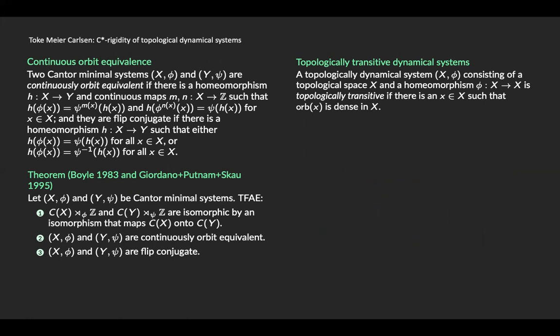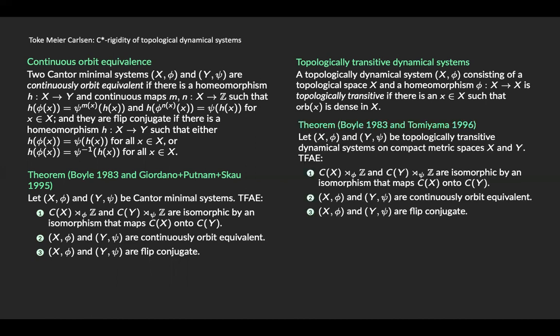In a Cantor minimal system, every orbit is dense, so a Cantor minimal system is an example of a topologically transitive system. And the result of Mike Boyle that Giordano, Putnam, and Skau used actually holds for topologically free dynamical systems on compact metric spaces. What Tomiyama did was to notice that Giordano, Putnam, and Skau's proof can be extended to the topologically free setting here. No, sorry, to the topologically transitive setting.